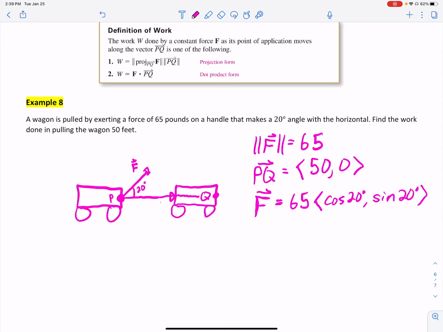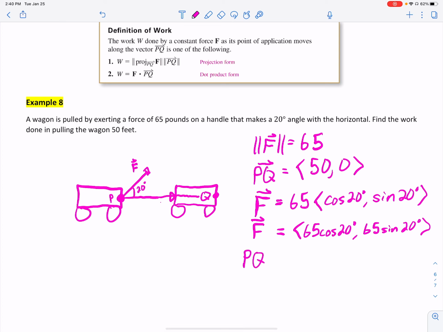The vector itself gives me the direction, tells me where to go. The 65 tells me how much. So I'm going to go a little further here so we can have both. I'm going to multiply cosine of 20 times 65. Let's leave this just like this, because I don't want to make any rounding errors until the very end. Hopefully no rounding errors, but if I wait till the end and don't do any kind of decimal, then I can avoid it. All right, there's F.